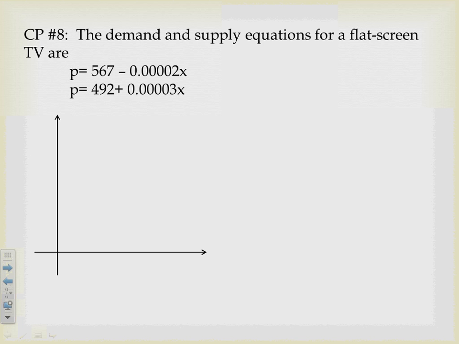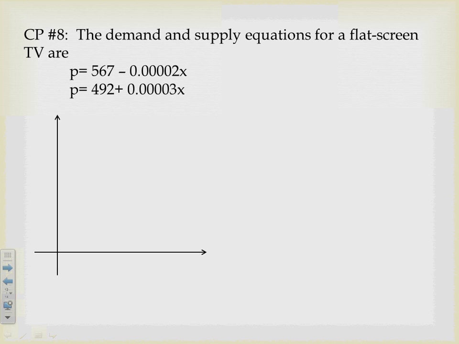If you're running a business, you want to know how many of your product are desired, because if you produce a whole lot that never get purchased, you lose money. If people want more than you produce, you're going to lose out on money because you could have sold more. So you want to know where supply meets demand.